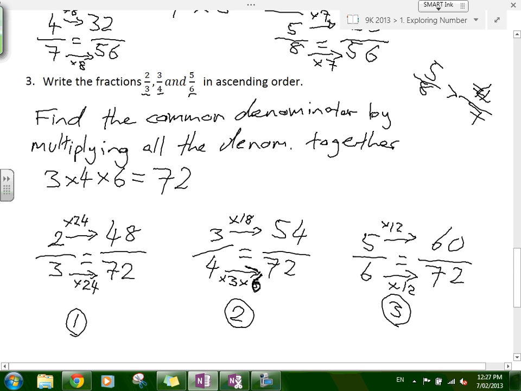All right, so that's about comparing fractions, equivalent fractions, converting between different forms of fractions.